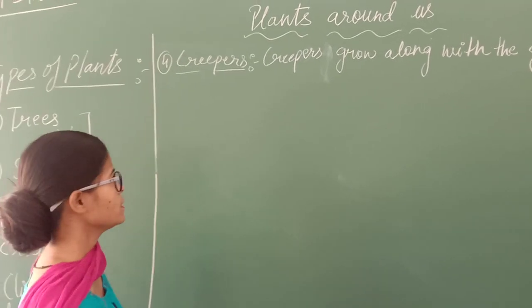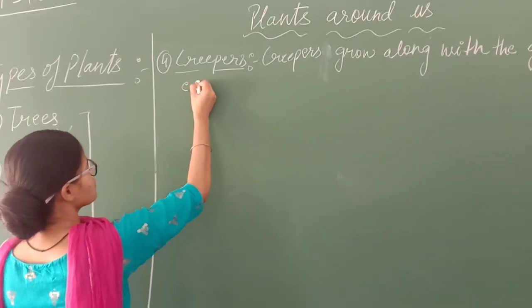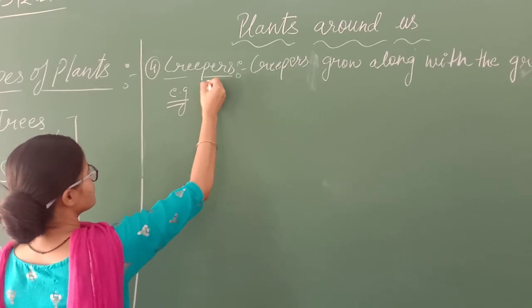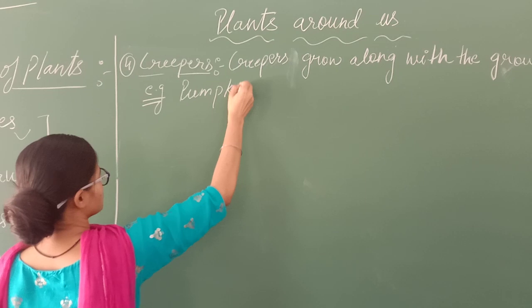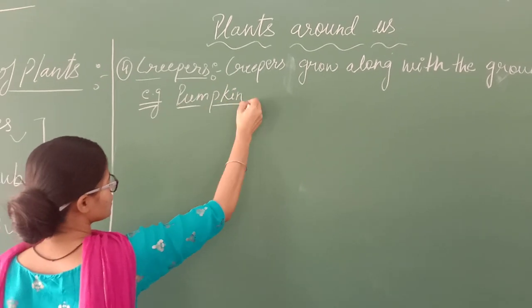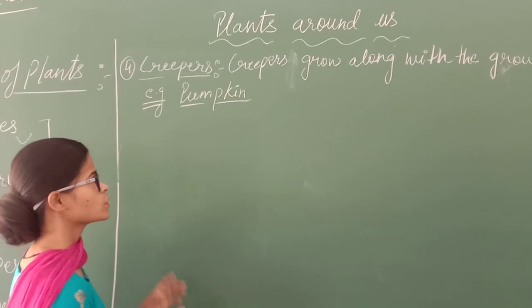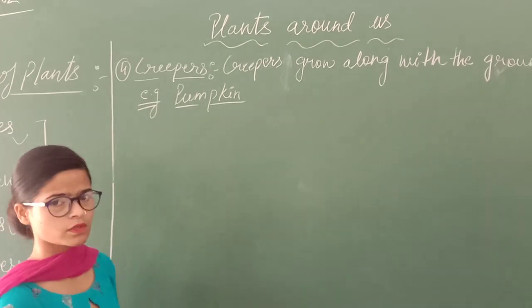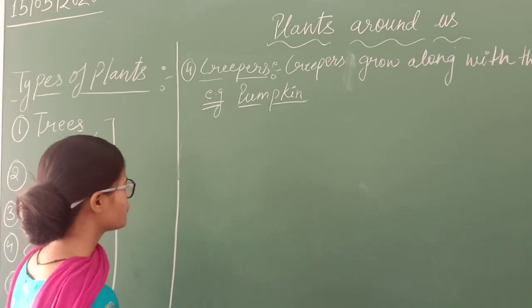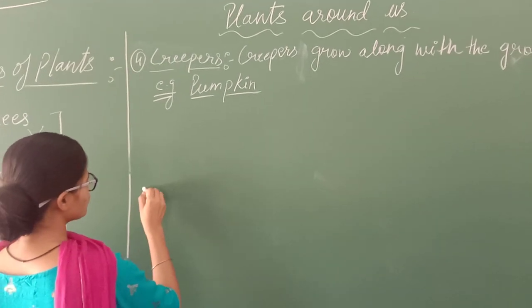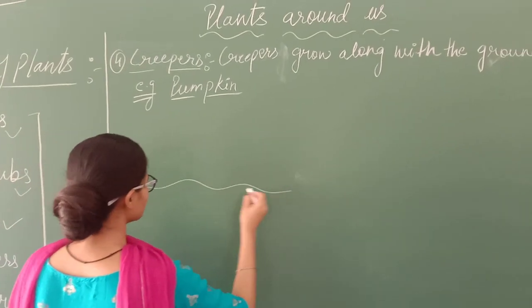For example, pumpkin. Pumpkin means कद्दू. कद्दू का प्लांट जो है वो ग्राउंड के साथ ही उगता है, ओके. So I will make pumpkin for you, and you also have to draw pumpkin.